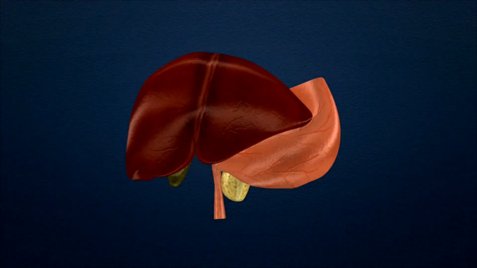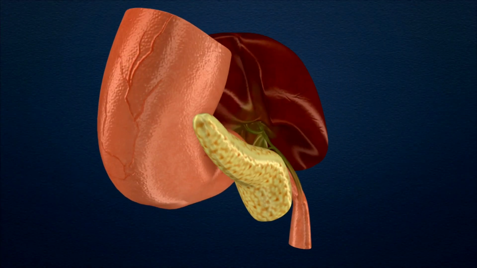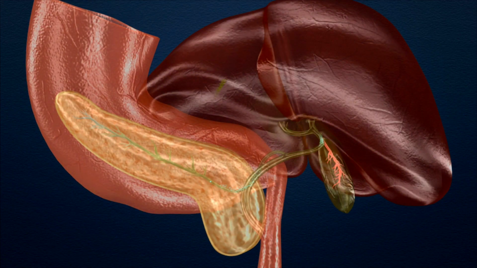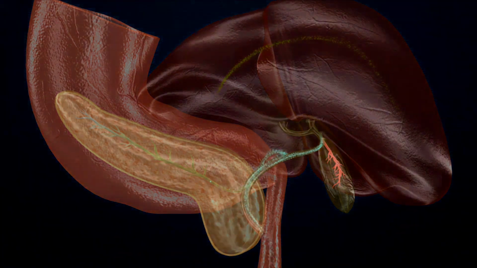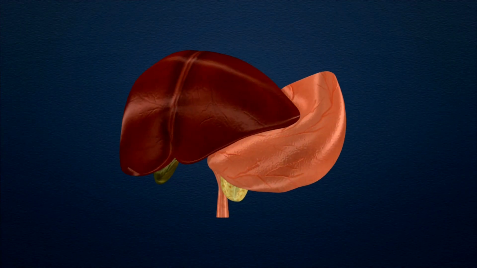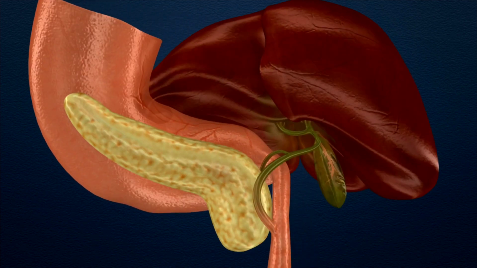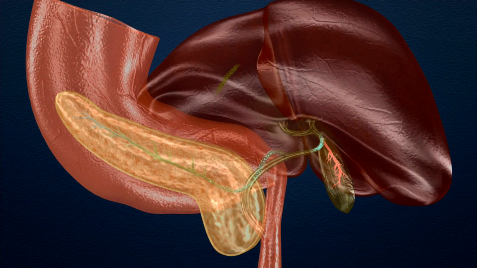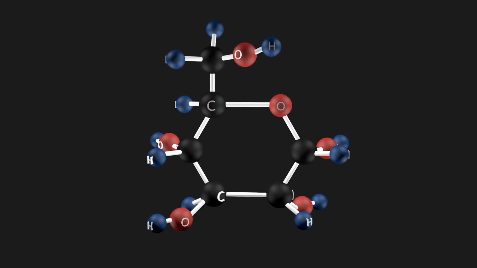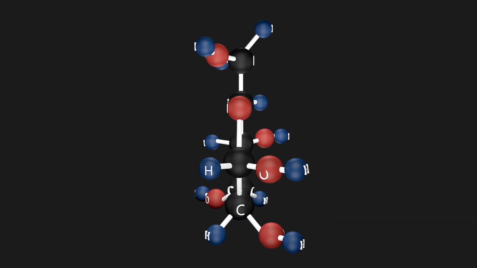So what is the pancreas? The pancreas is an organ that excretes the hormone insulin and pancreatic juice, which contains enzymes involved in the digestion of fat and proteins in the small intestine. This pancreas produces two hormones, insulin and glucagon.